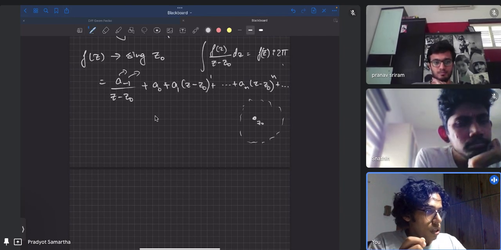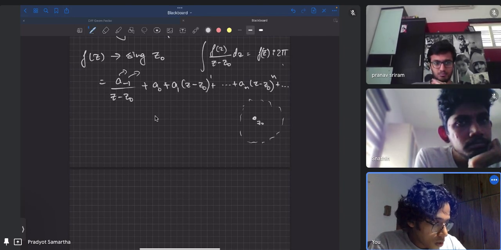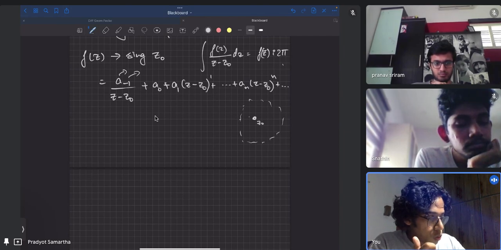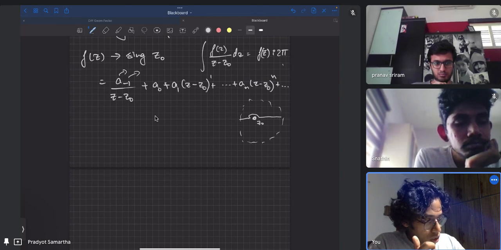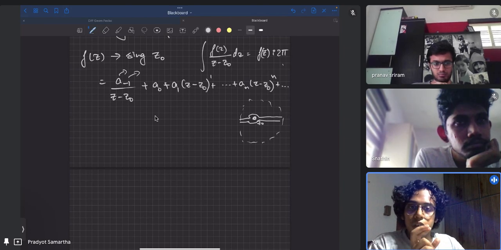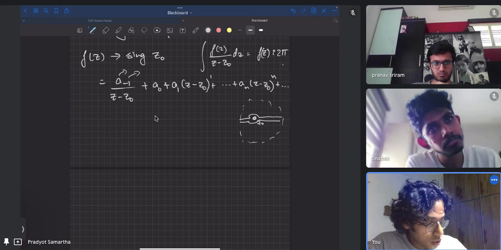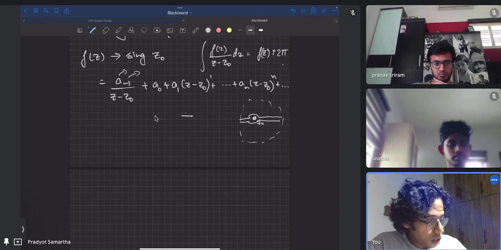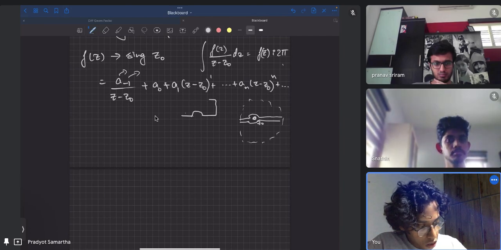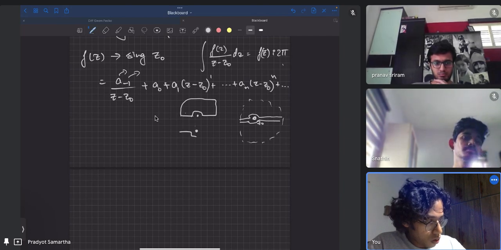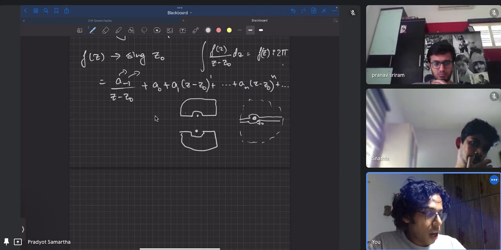If you draw a small circle, you can split this into two semicircles and take the contour integrals around that, so you have two different regions, one and two.